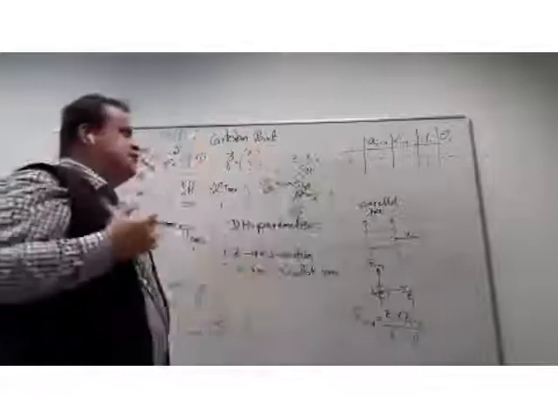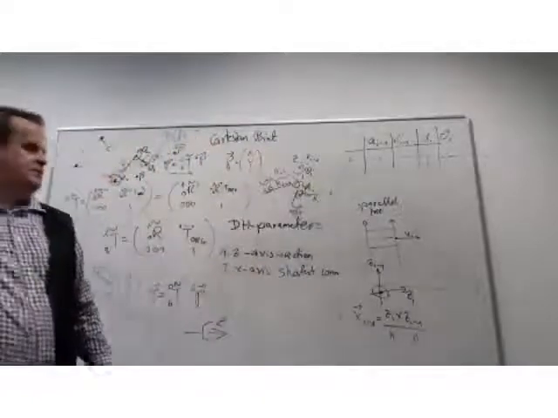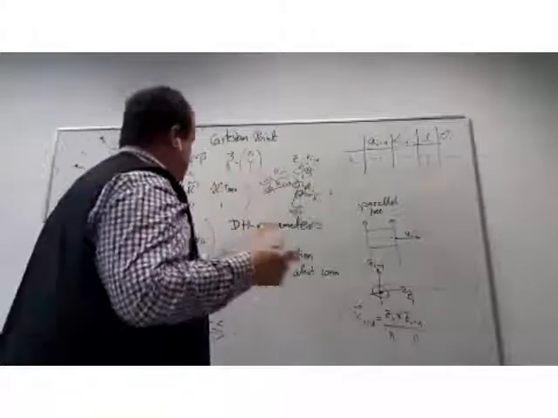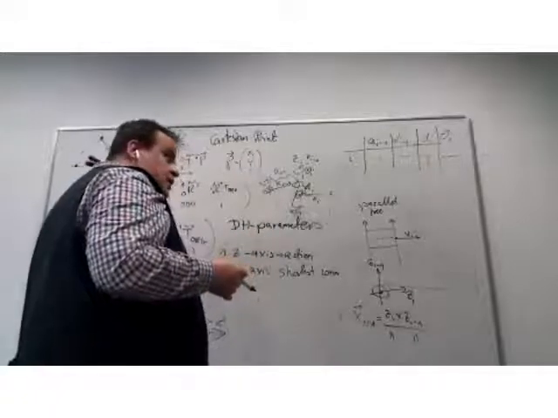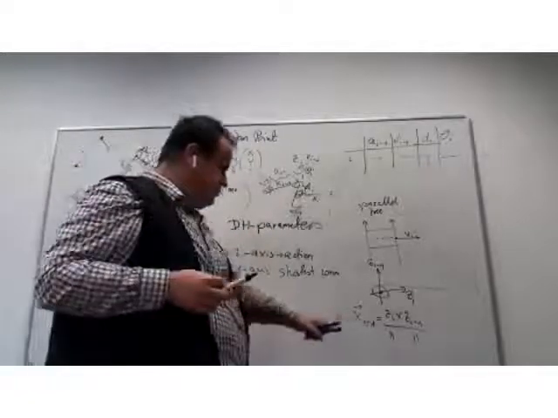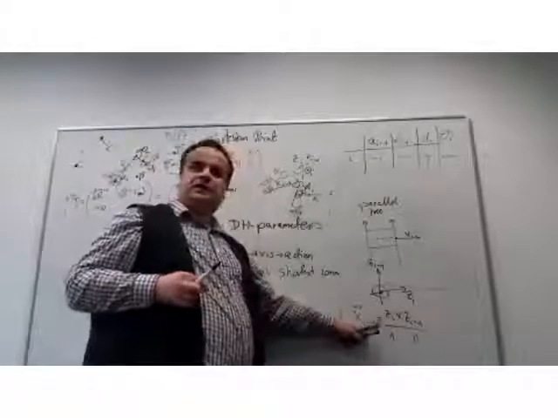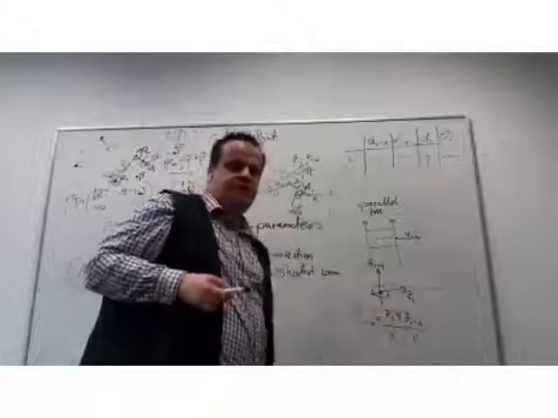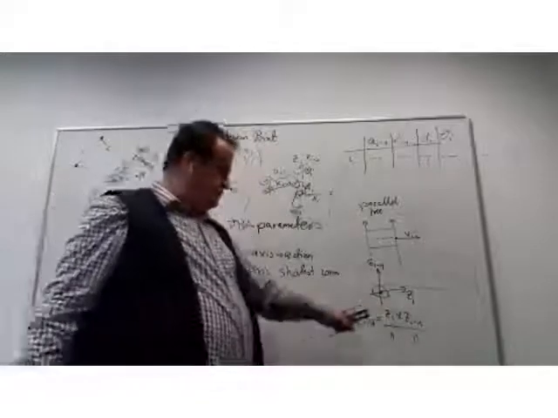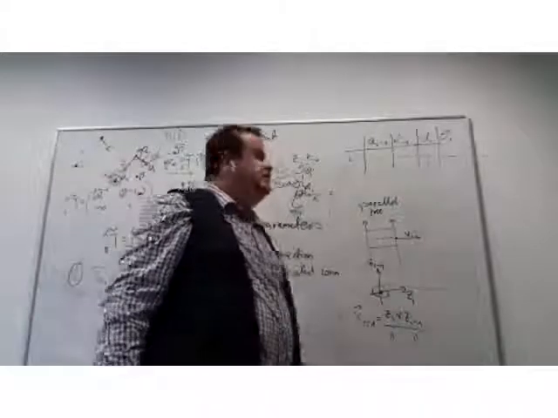And these are the 4 parameters from Denavit-Hartenberg, which I need to define. And now you understand why the direction of the x_{i-1} axis was chosen as the cross product of the previous and the next z-axis.